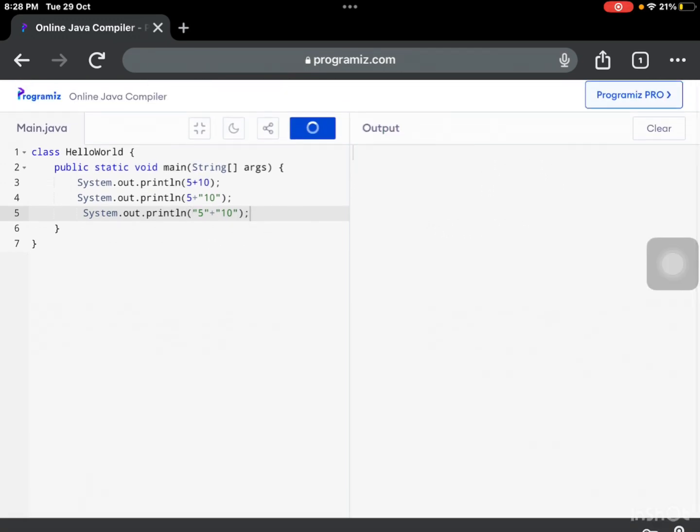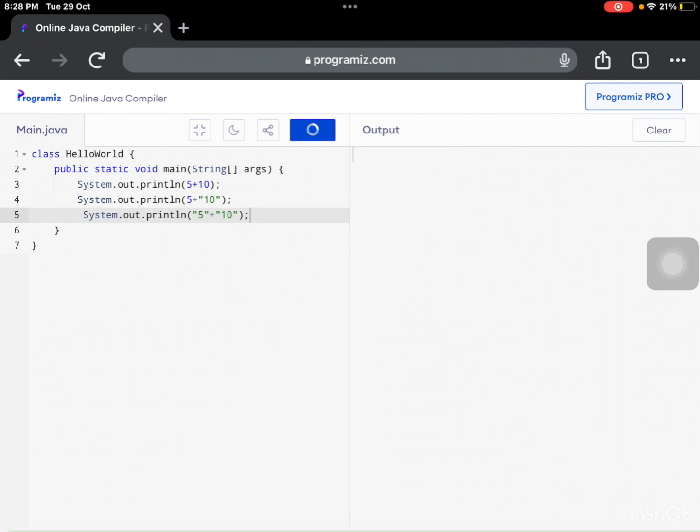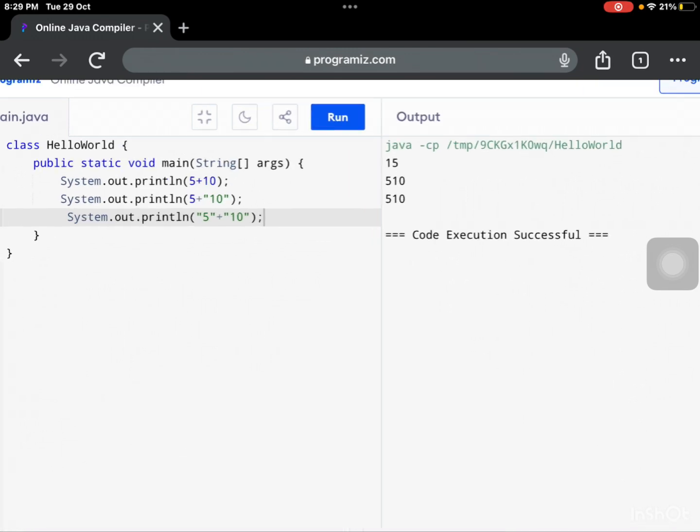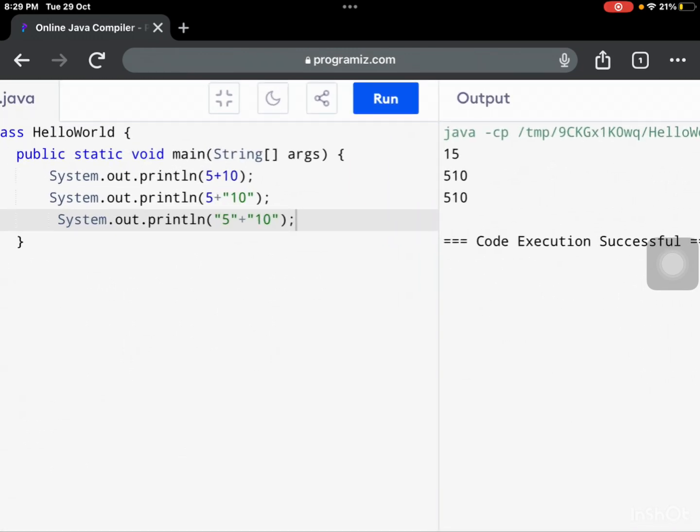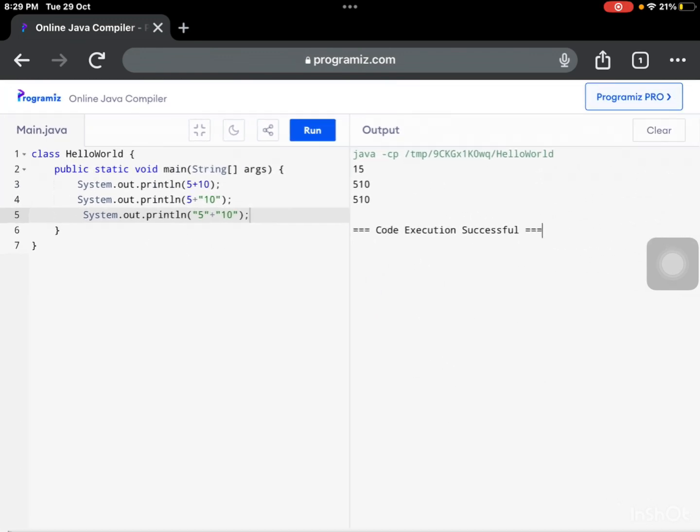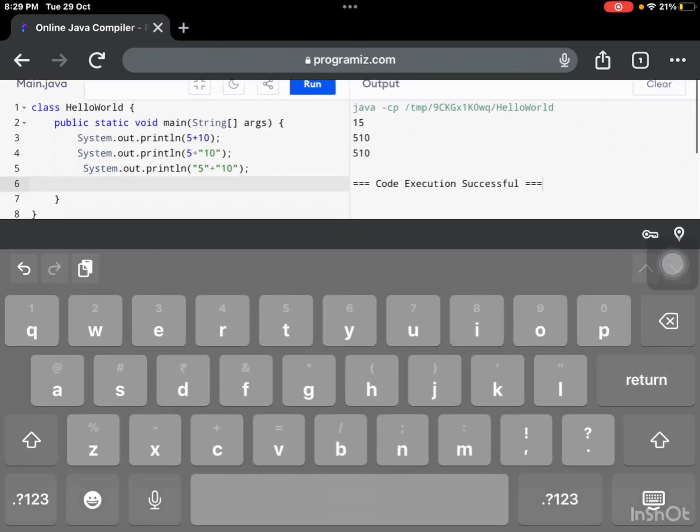Then we will get 510. When two operands are numbers, it does the addition operation. If one operand is a string, then it does concatenation.